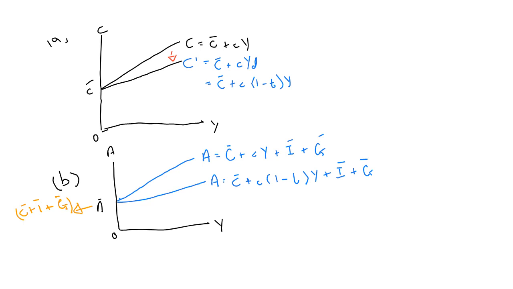And this is shown by the following 45-degree line, where your first equilibrium was at y1, now it's at y2.